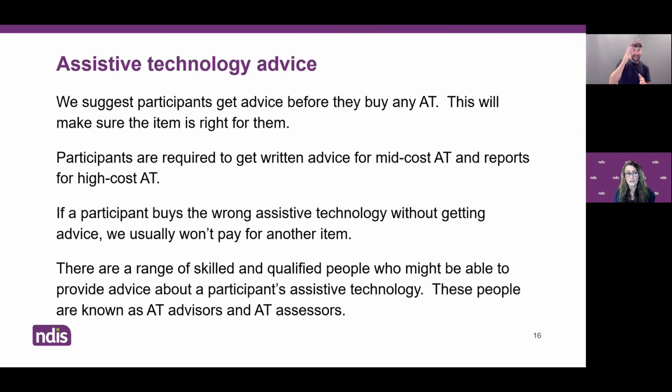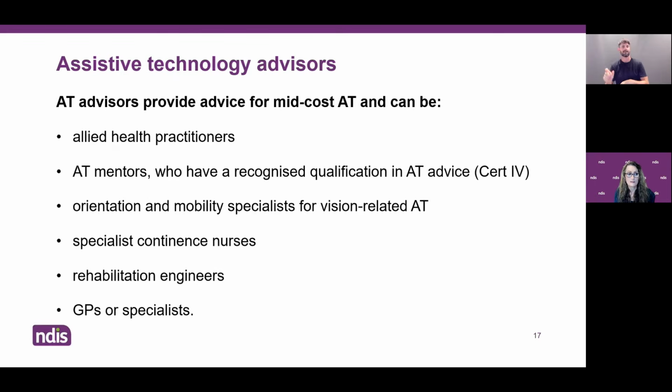There are a range of skilled and qualified people who are able to provide advice about assistive technology. These people are known as AT advisors and AT assessors. Firstly, AT advisors can be allied health professionals, assistive technology mentors who have a recognised qualification in assistive technology advice or Cert 4.